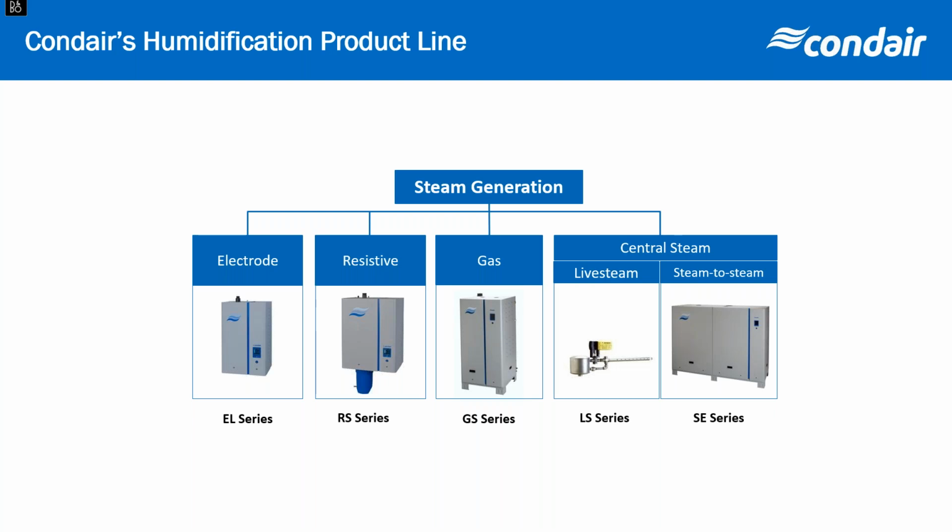It was the original product that Condair brought to market and has built a very strong offering in humidification off the back of that product. And then there are other electric. We also have electric element, gas, and then live steam humidification solutions available.